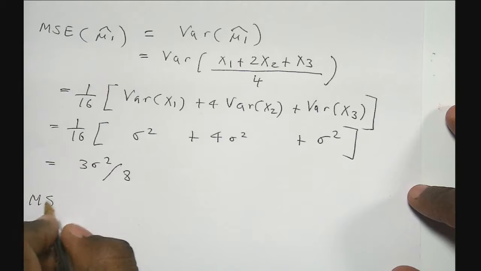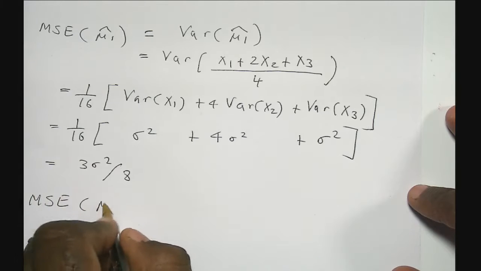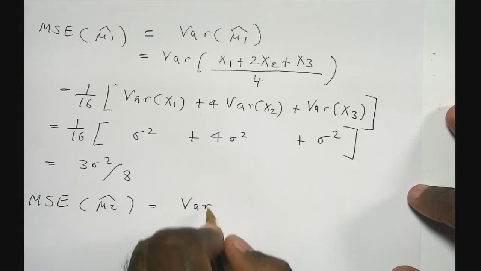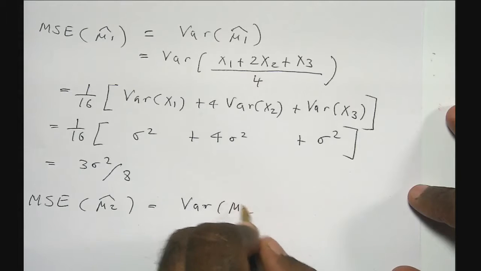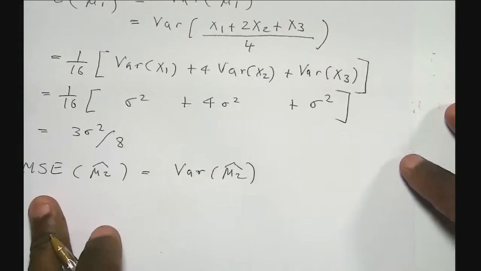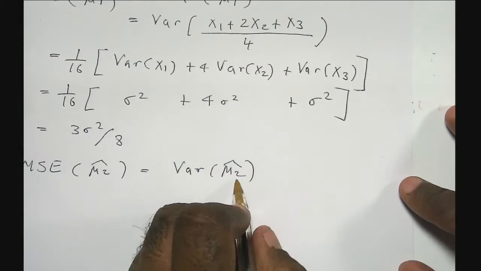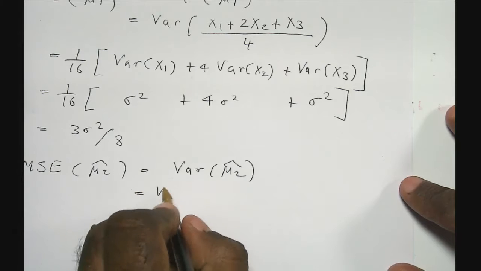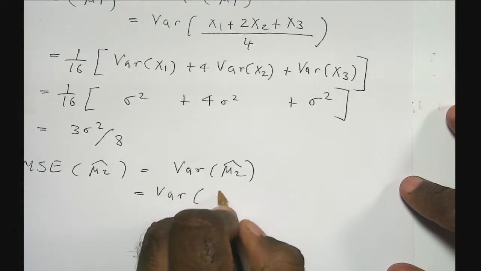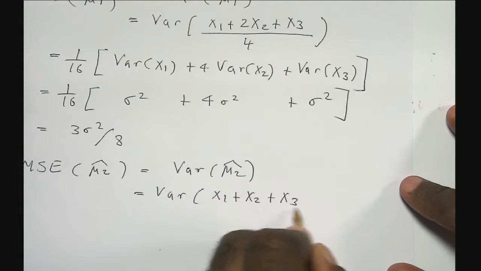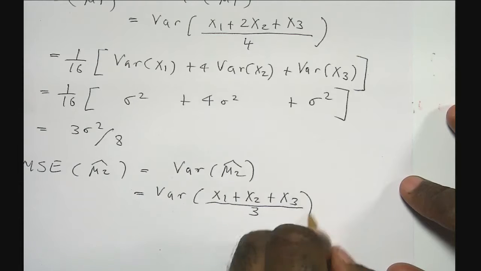Similarly, the MSE of mu2 hat. Are you listening, guys? The MSE of mu2 hat is the variance of mu2 hat, which is the variance of x1 plus x2 plus x3 divided by 3.